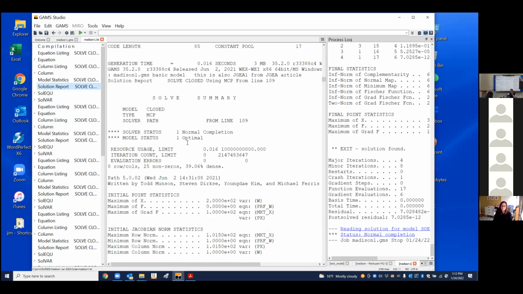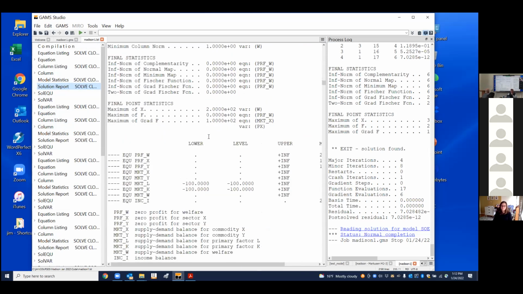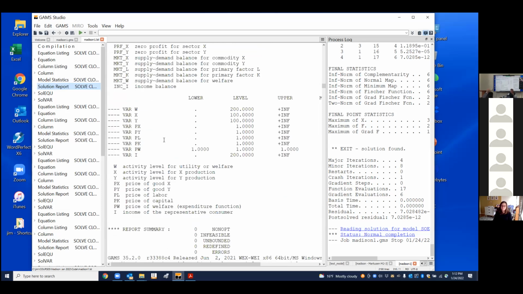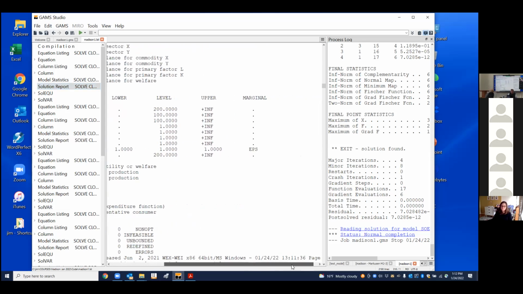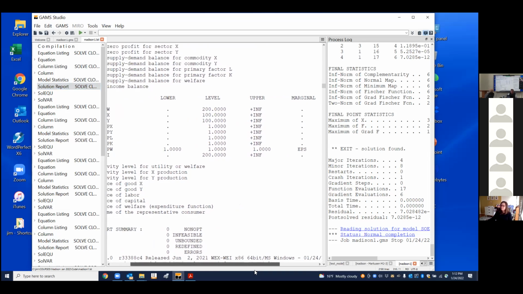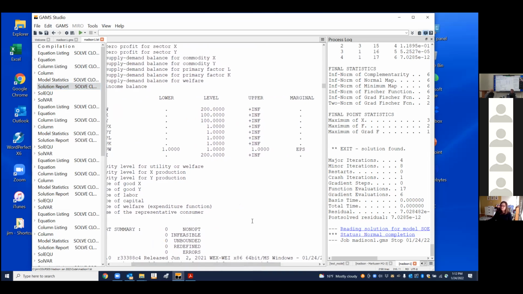What you want to see is normal completion and optimal. If it says infeasible or something, there's no point in reading the output because it's nonsense. You can ignore the stuff that says equations. What you want are the variables, so you go down to variable, and there are the values of each of those variables. This model has solved and passed the replication check.